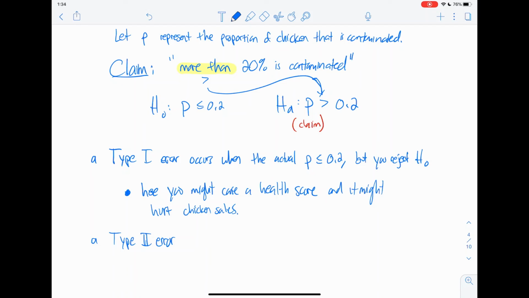So here, this occurs when actually P is greater than or equal to 0.2, but you do not reject H naught. Now remember, not rejecting H naught doesn't necessarily mean you accept H naught, but the general public will sort of view it that way.